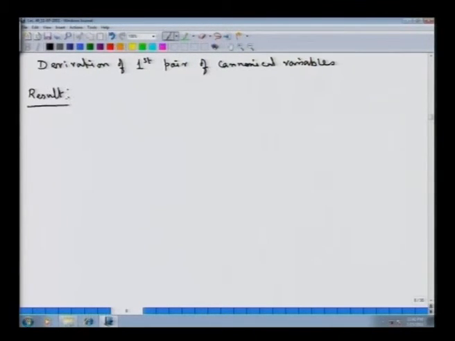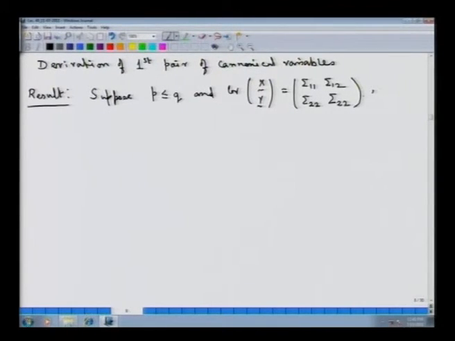Let me first state the result. Suppose, with the previous setup, P is less than or equal to Q, and the covariance matrix of x and y is denoted by the following matrix: sigma 1 1, sigma 1 2, sigma 2 1, sigma 2 2.